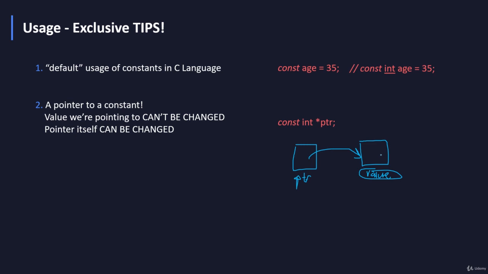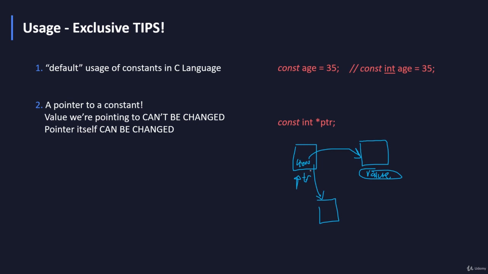Make sure you understand that the pointer itself is not a constant. A pointer holds the address of some other data in memory, maybe 4000, for example. So the value of ptr may change. It may point here one time and there another time.